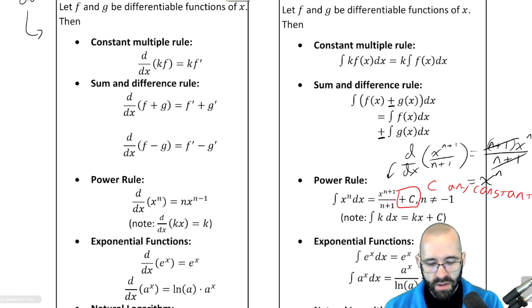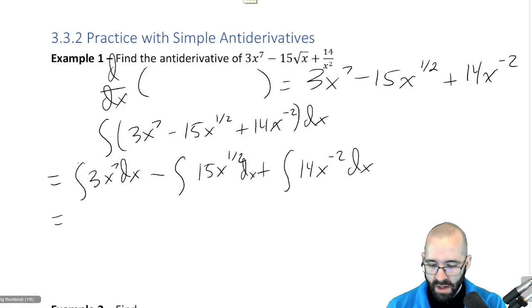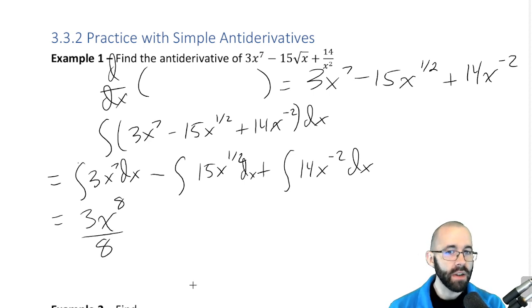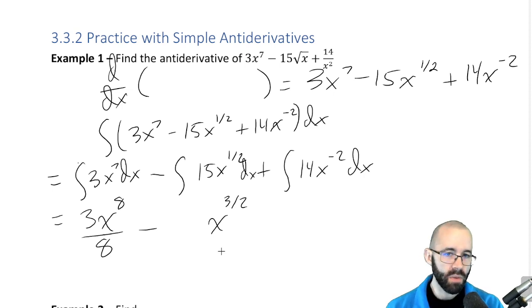So the power rule for integrals says you add an exponent and then divide by that new exponent. So I add an exponent, 7 goes to 8, and divide by that new exponent. Add an exponent, 1/2 plus 1 is 3/2.